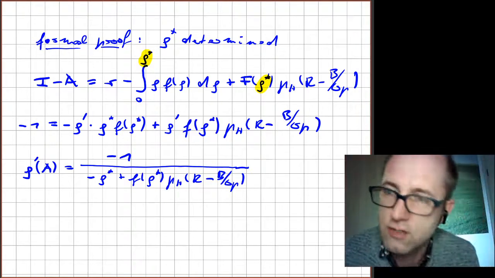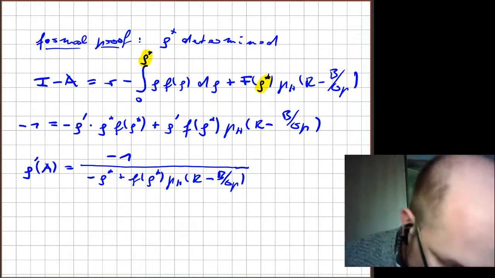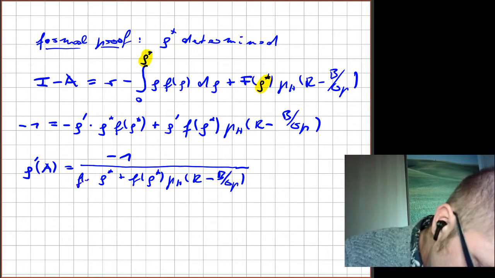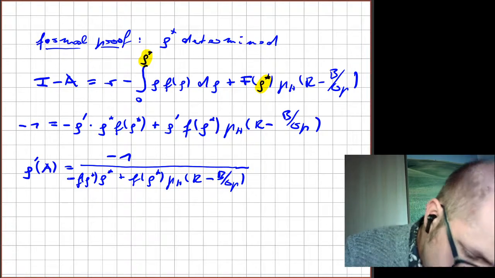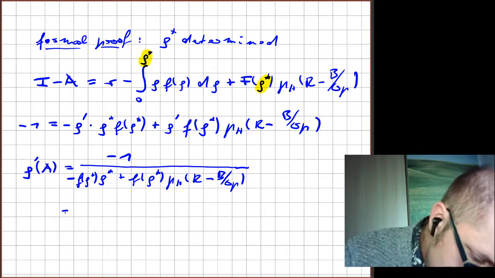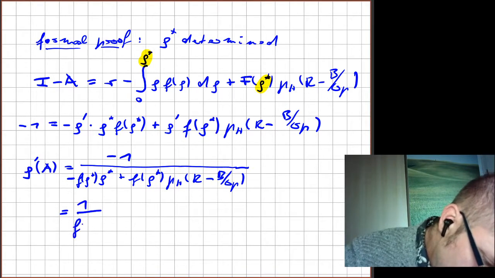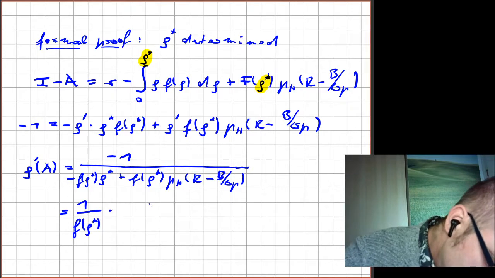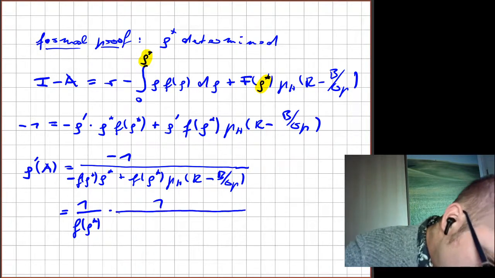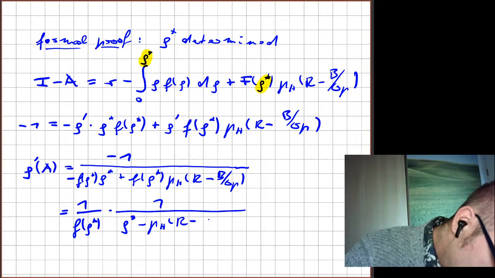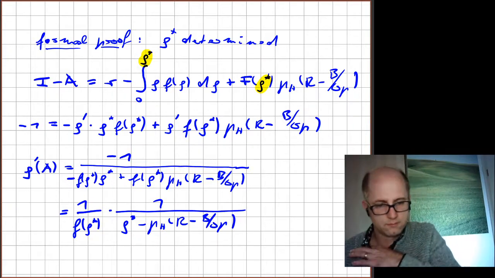Okay, I just thought I forgot one thing, and that's here the f of rho star, f of rho star here, and there's this minus sign. So this is equal to 1 over f of rho star times 1 over the whole thing: rho star minus pH times (R minus B over delta P), bracket closed.